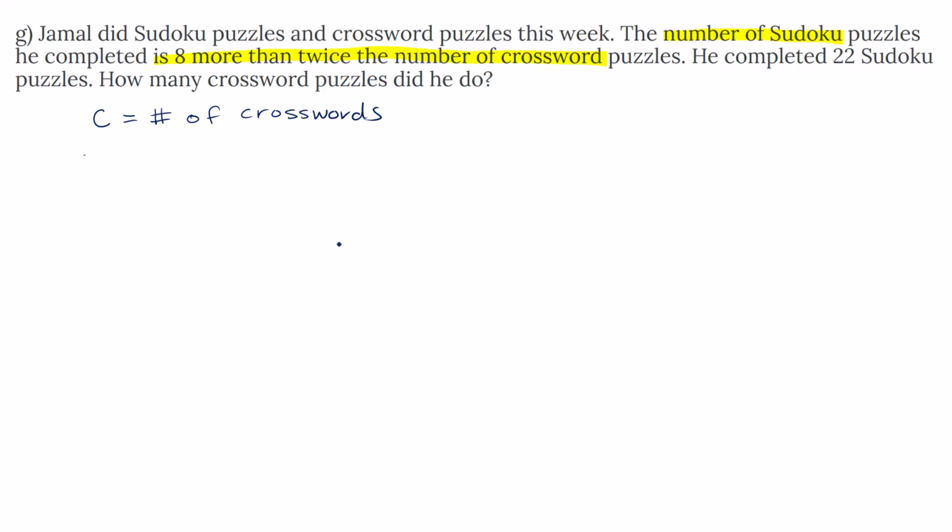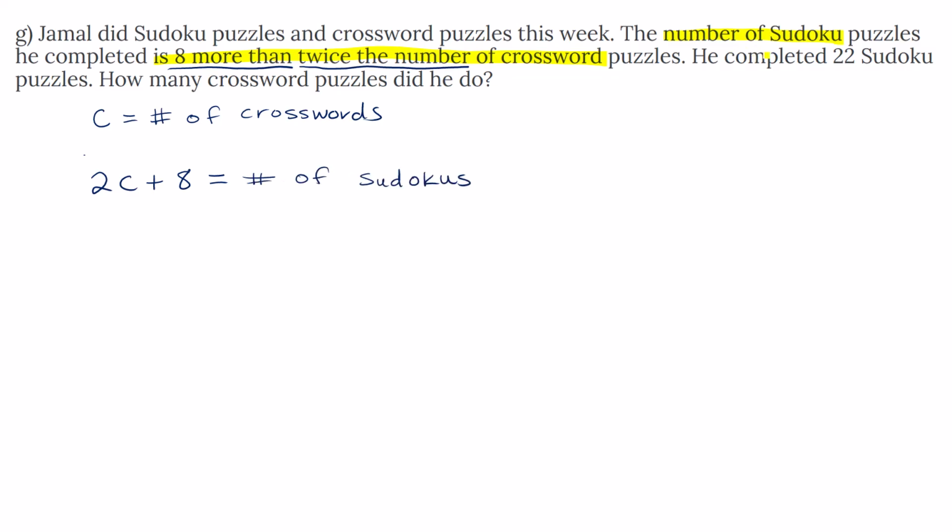So we're going to use that to write an expression that represents the number of Sudoku puzzles completed. So twice the number of crosswords would be 2 times c, and then 8 more than that, so plus 8, and that should equal the number of Sudokus.